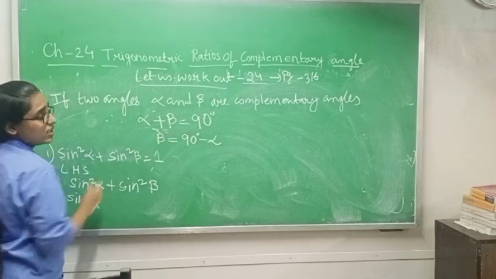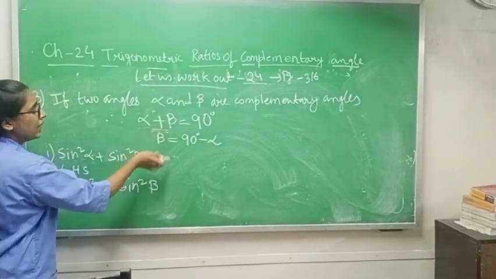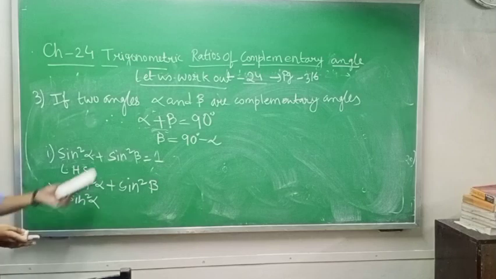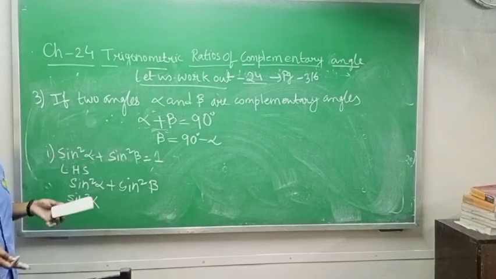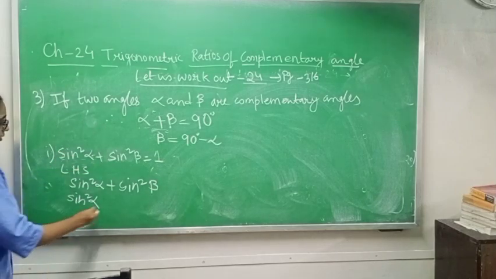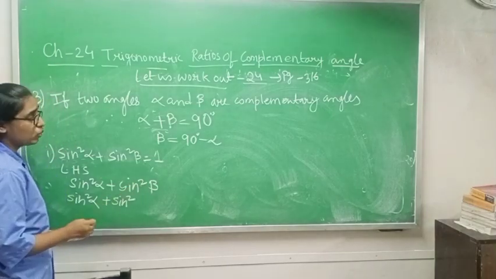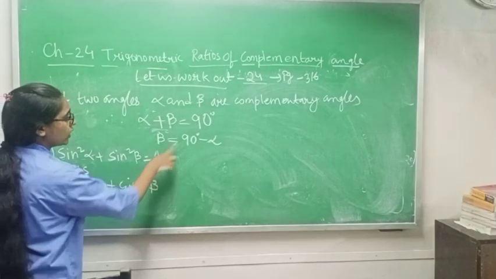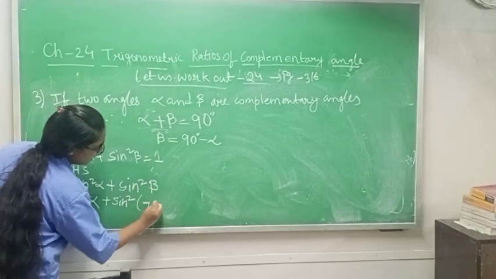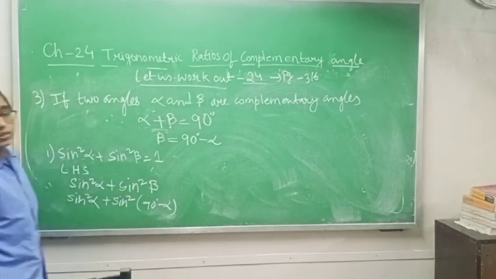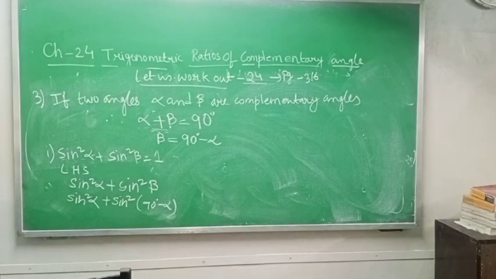You will get 90 minus beta. I am finding the beta value. It's up to you whether you find the alpha or beta value. Now I will write sin square because we have square, I told you. Now in place of beta I will write 90 degree minus alpha. Now which angle will change?